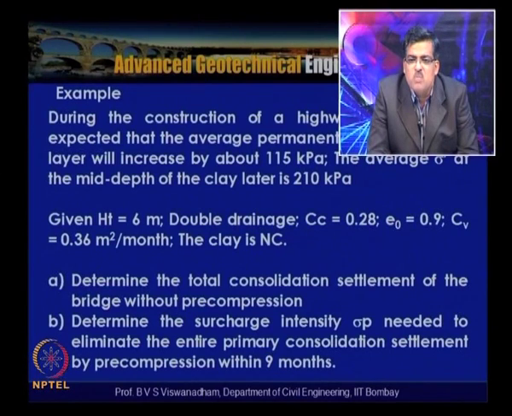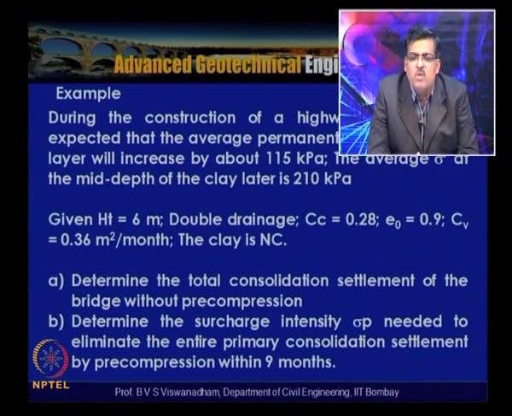The compression index Cc is 0.28, the initial void ratio is 0.9, the coefficient of consolidation is 0.36 meter square per month, and the clay is normally consolidated. Determine the total consolidation settlement of the bridge without pre-compression, and determine the surcharge intensity sigma P needed to eliminate the entire primary consolidation settlement by pre-compression within 9 months.